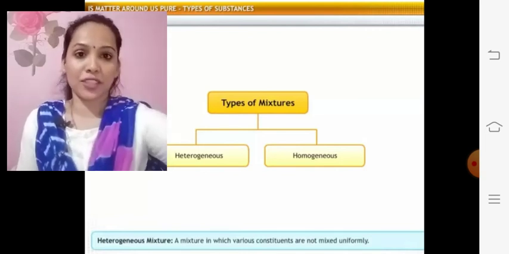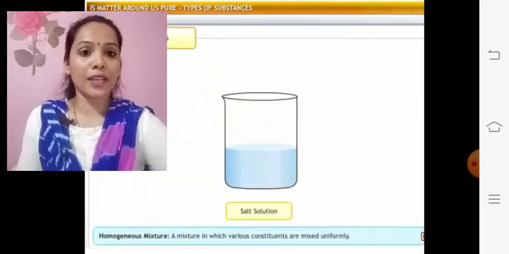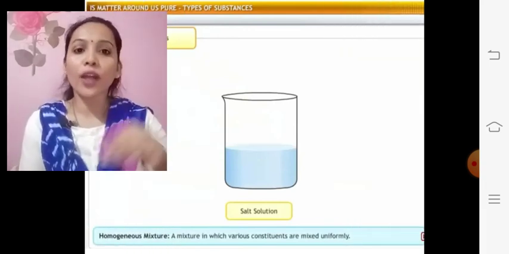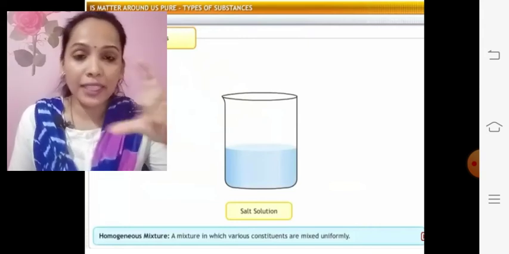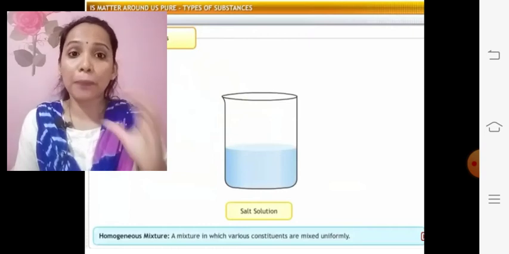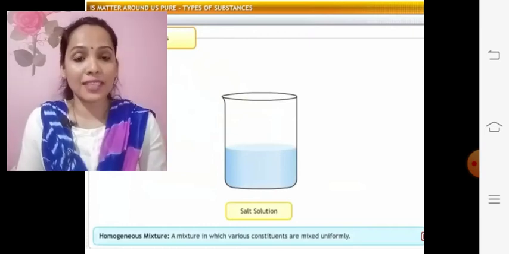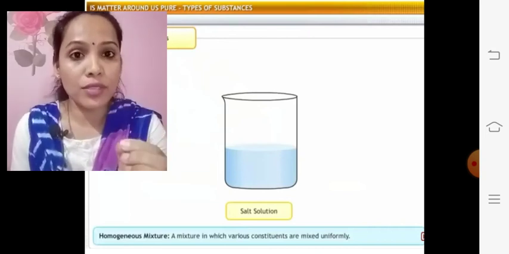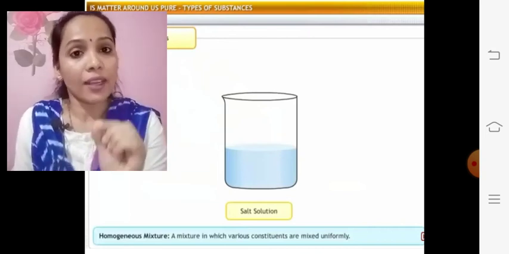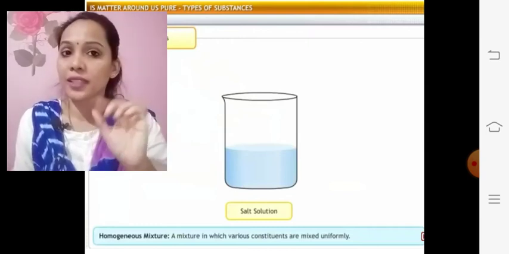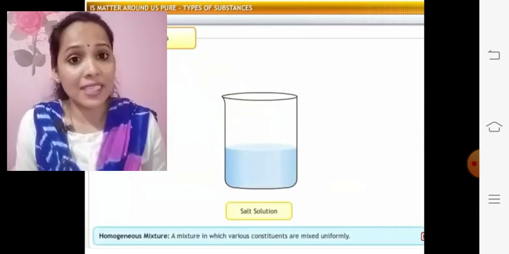then the mixture is called a homogeneous mixture. For example, you can see this salt solution. When you dissolve salt in water, can you see the salt particles in the solution? No. It looks like plain water itself, isn't it? It does not show variable composition. And if we sip a little salt water from different corners of the beaker, does it taste different?